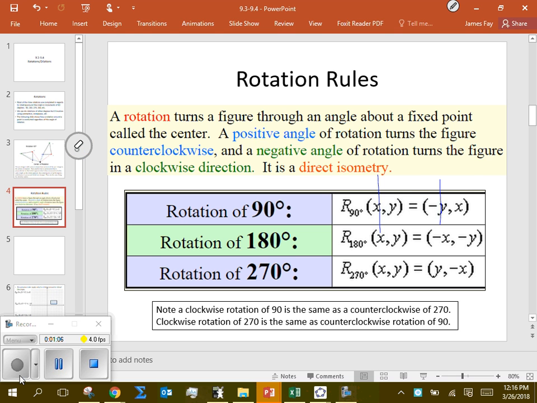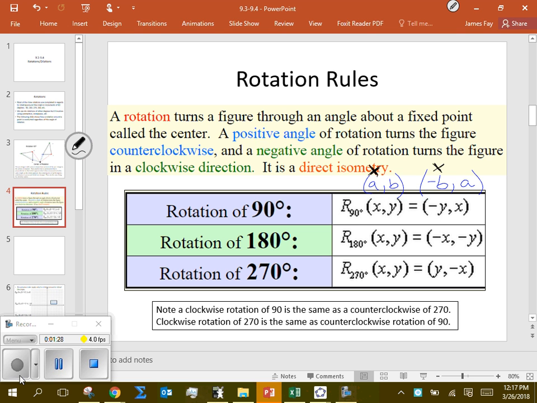So I think it's maybe a little bit better to rewrite these as A comma B. This is still an x value.